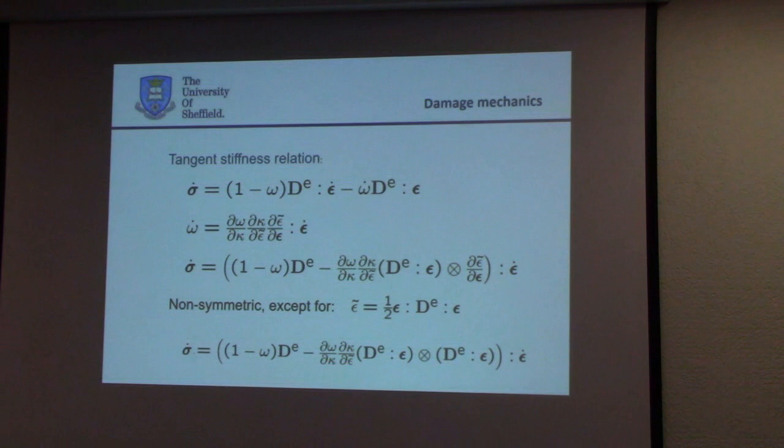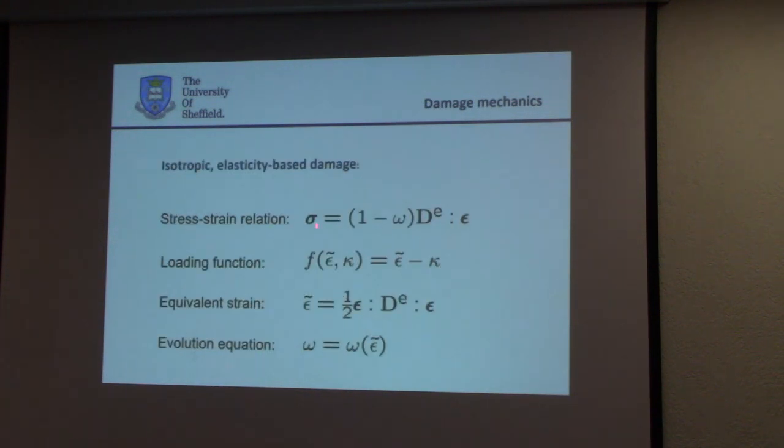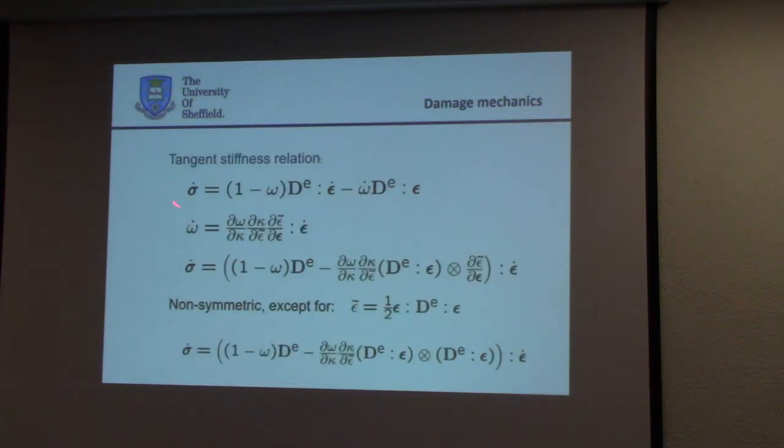Now, in the Newton-Raphson method, you need the tangent stiffness matrix. So, how do you compute that? Well, you have your relation between stress and strain. You have to differentiate that to obtain a relation between stress rate and strain rate.